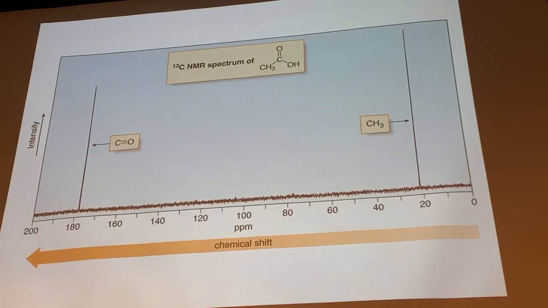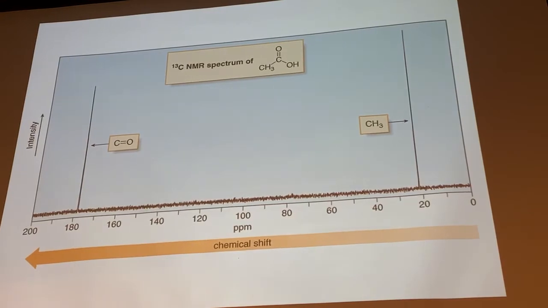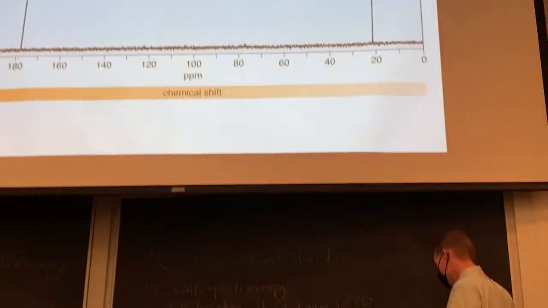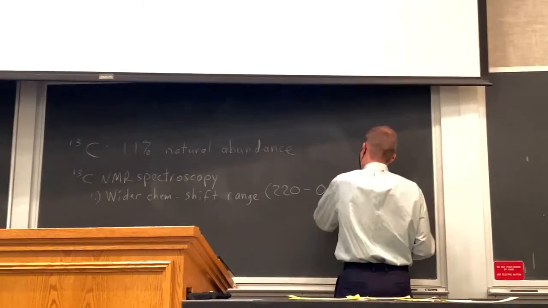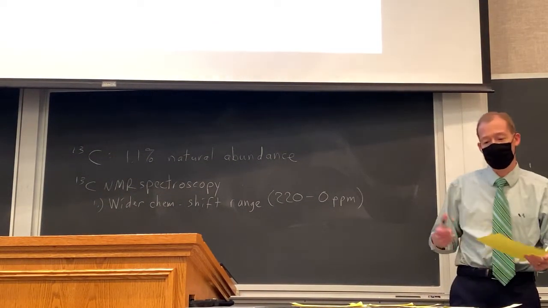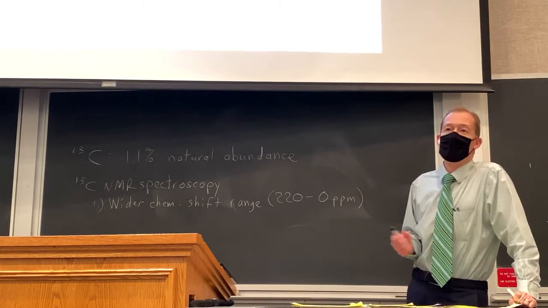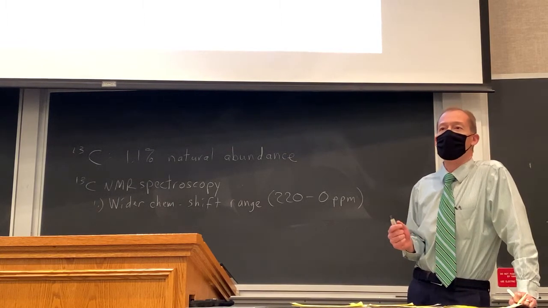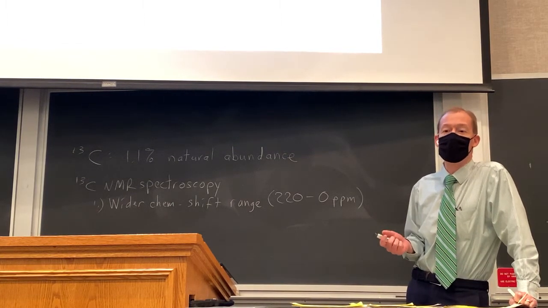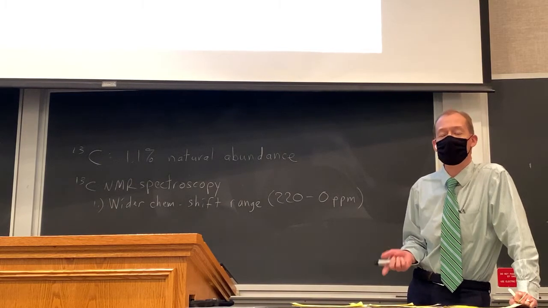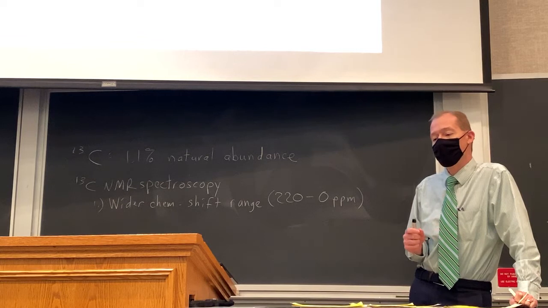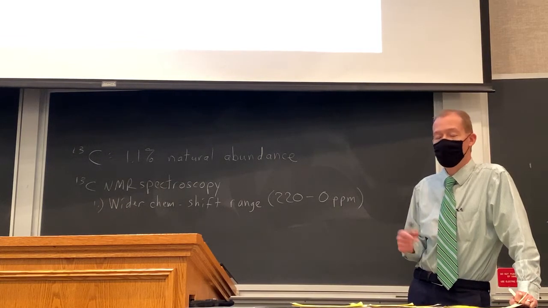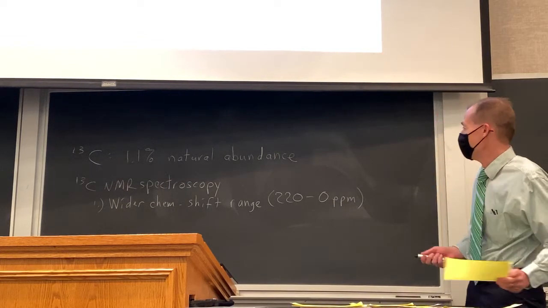This one cuts off at 200, but you can go up to about 220. And then zero, the 0 point is the same as it is in proton NMR. The reference compound for the 0 point on the scale is tetramethylsilane, the same reference compound we use in proton NMR. So the carbon in tetramethylsilane will show up at 0 ppm in the C13 spectrum.